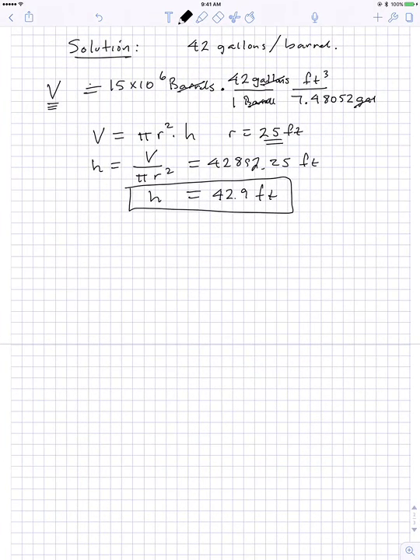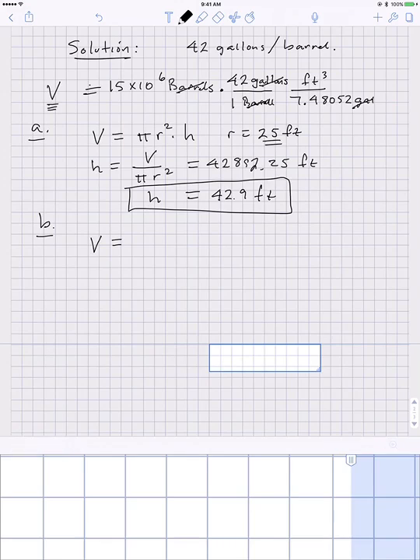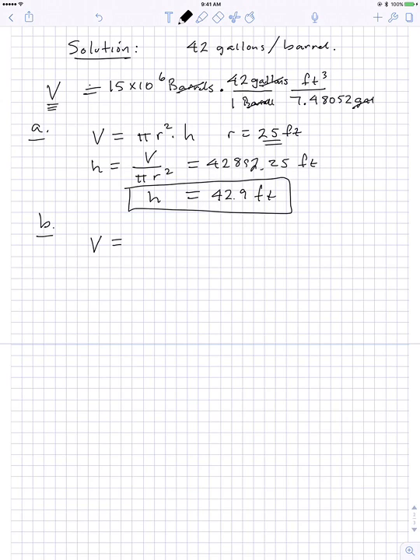So we go back and we know V, this is for part B, all this was for part A. For part B, we have pi r squared, and now h is known. And we solve for r.